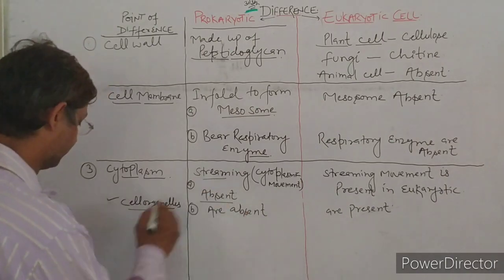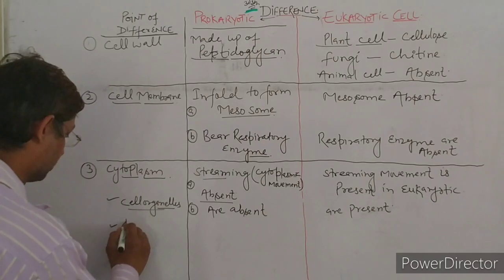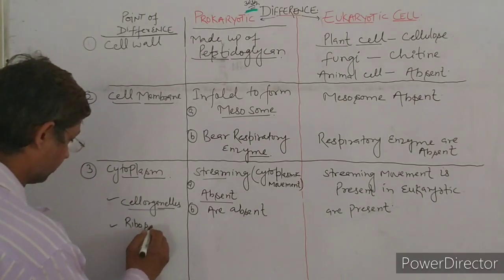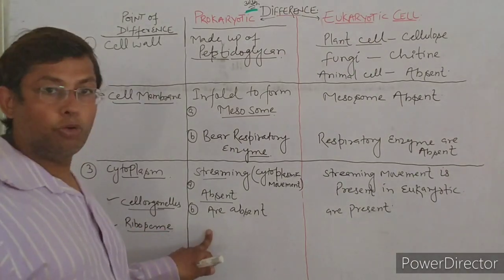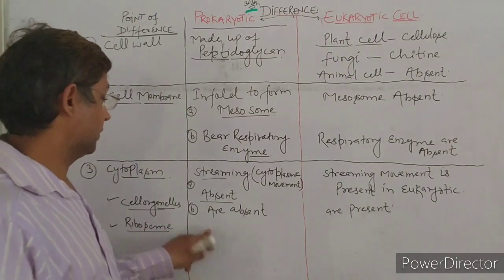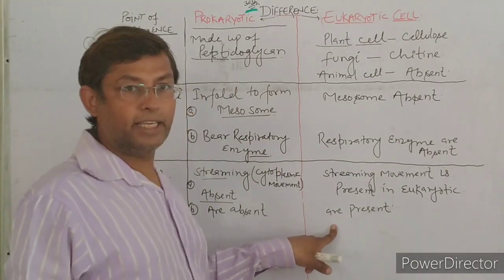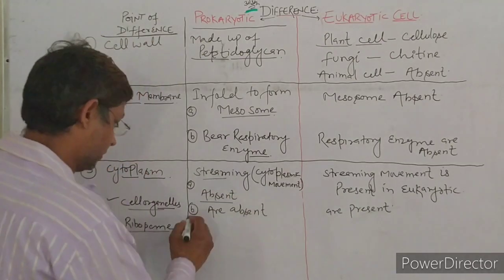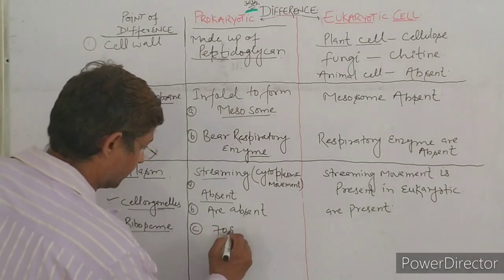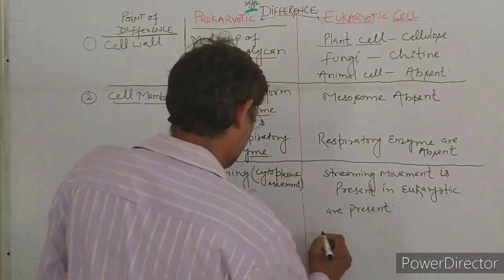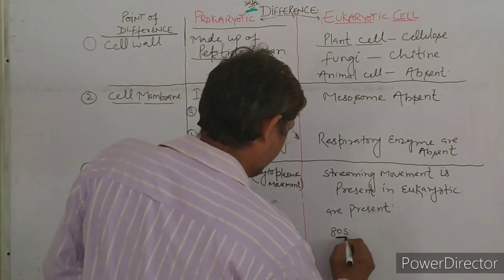The next difference is the ribosome. You know, ribosomes are of 70S type in prokaryotes and 80S type in eukaryotes.